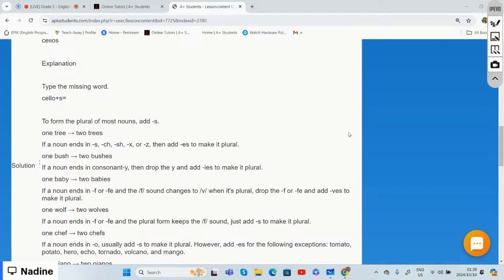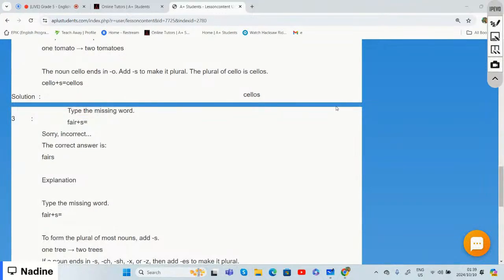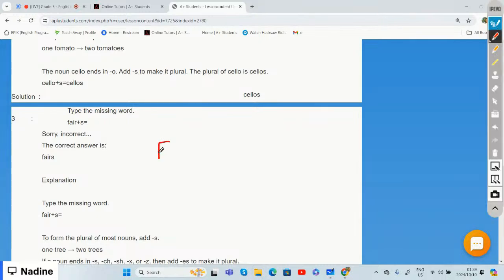All right. So this is the last one, and then we're going to our test. Fair plus s. If we say fair plus s, is it just fair or is it fairs?